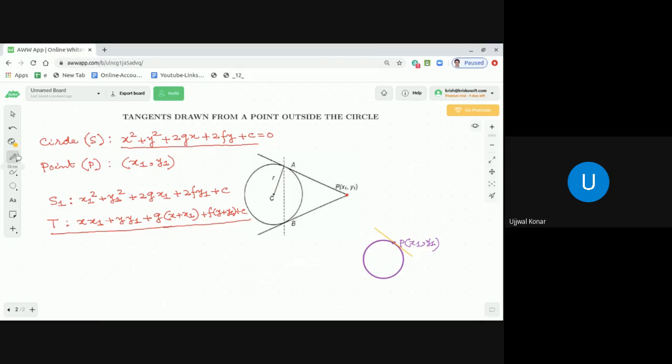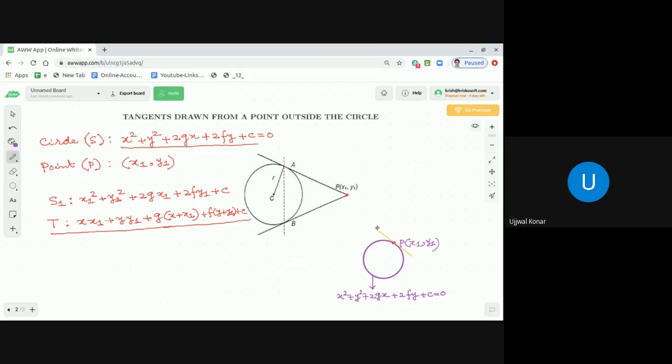The equation of the circle, let me write it down. It is x square plus y square plus 2gx plus 2fy plus c is equal to 0. That is the equation of the circle and that is the point.